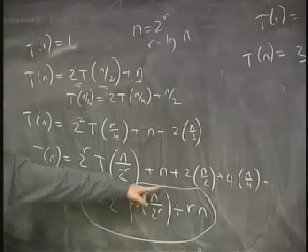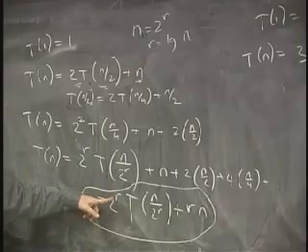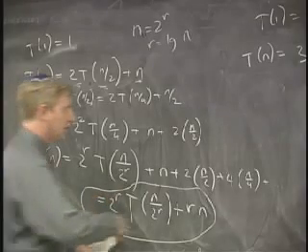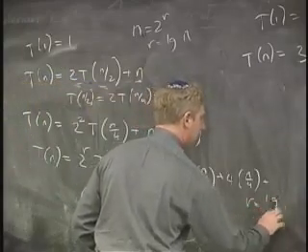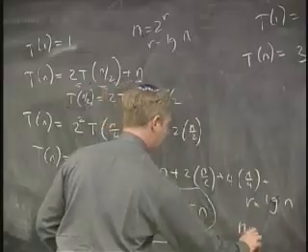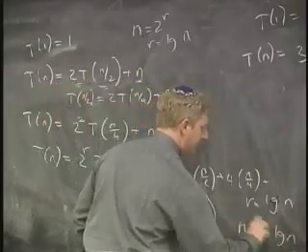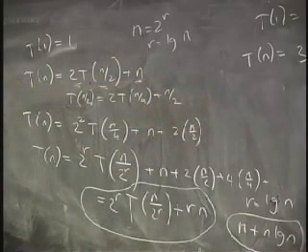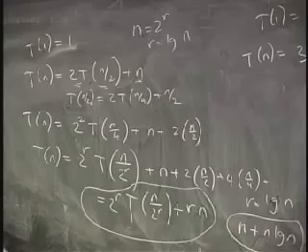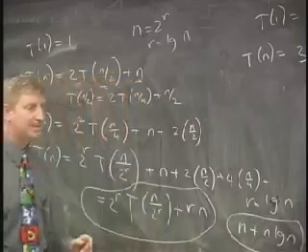This becomes 1. T of 1 is 1. 2 to the lg n is n. So when r equals lg n, I get n plus n lg n. And that's big theta of what? Big theta n log n, because the n part is smaller than the n log n part.